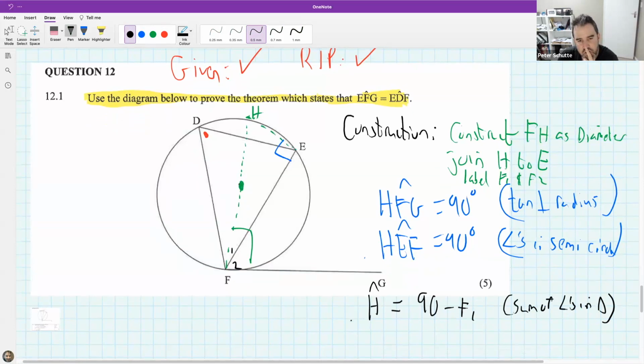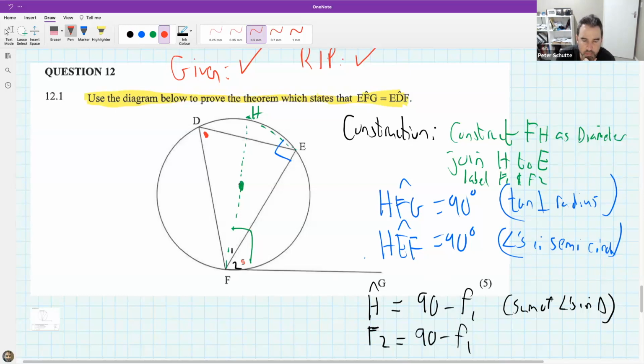And then what is F2 going to be? Now I've just labeled this. So F2 is also going to be 90 minus F1, because you can see F2 is over here, right?